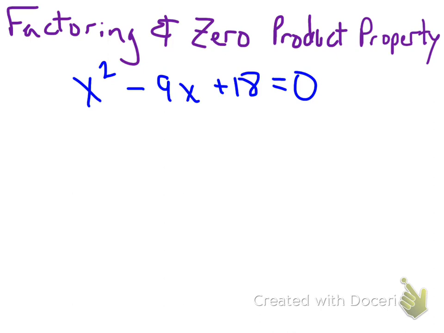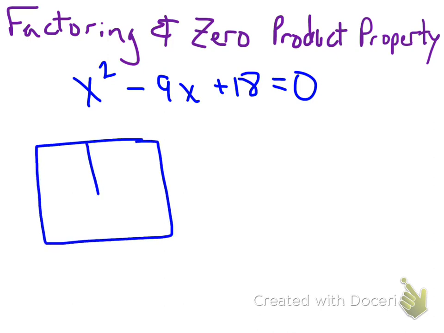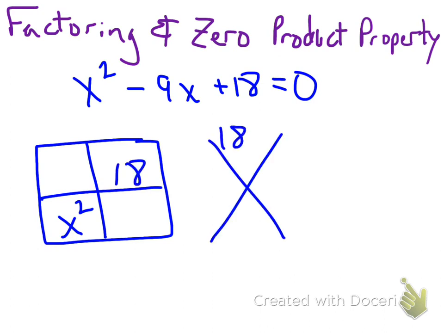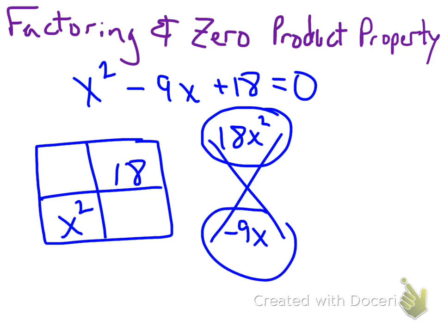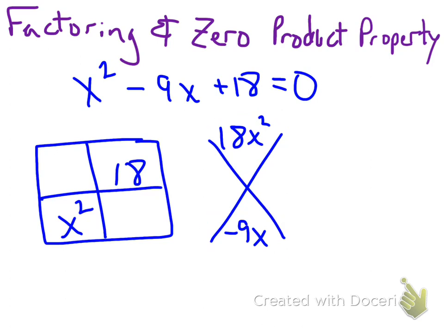Okay, just like last time, I'm going to start off with a generic rectangle. X squared and 18. My diamond problem: 18x squared, a negative 9x. If they multiply together to be a positive, but add to be a negative, that means both factors have to be negative. So in this case, it's negative 6x and negative 3x.